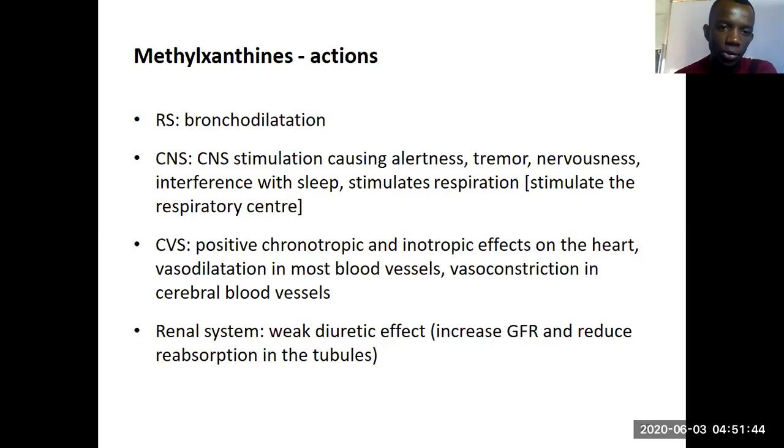Now their actions on the respiratory system: these drugs are mainly causing bronchodilation. On the central nervous system, they stimulate, causing alertness, tremors, nervousness, and interference with sleep. They also stimulate respiration, the respiratory center.